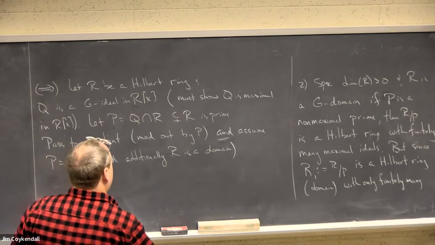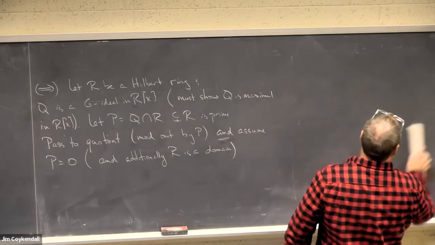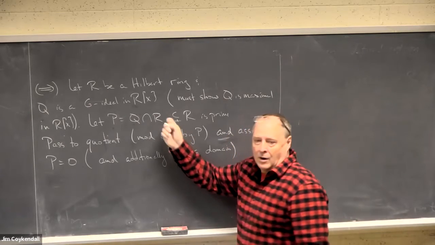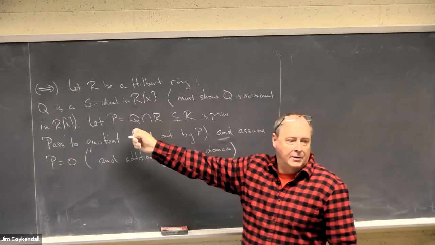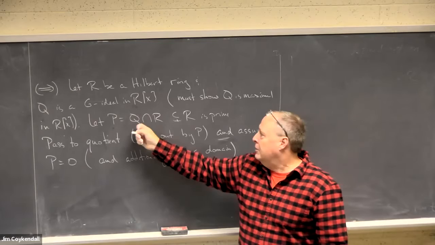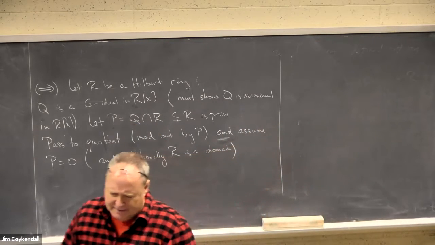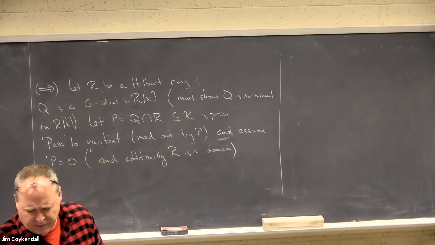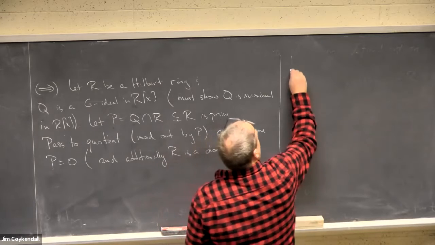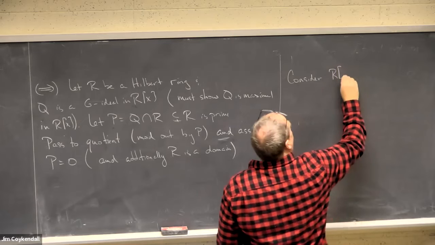So now we've sort of restarted the problem. We have R as a domain, and Q is a G ideal in R[x] that contracts to 0. So now Q intersect R is the 0 ideal. Consider the canonical homomorphism from R[x], the natural map.